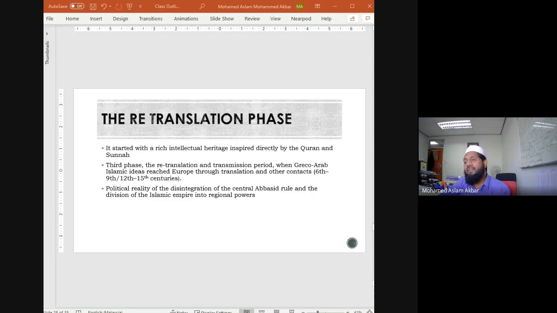Then it was converted into other languages, mostly into Latin. Most of the Arabic texts available in astronomy, mathematics, medicine, kalam and philosophy, everything, were translated into Latin.